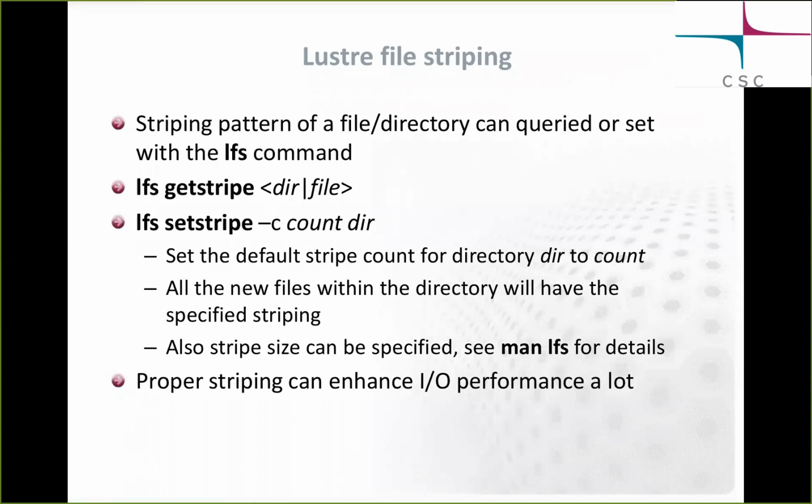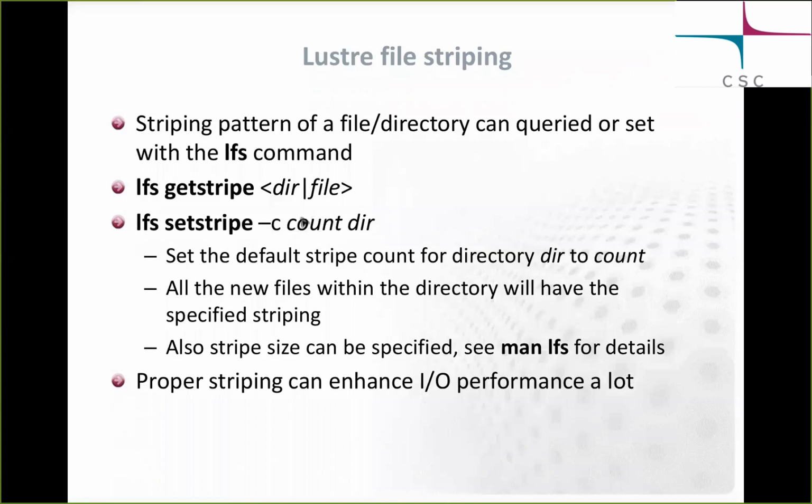There's a command called LFS that sets the Lustre settings, so over how many of these Lustre boxes a file is being spread. The default on SISU is just putting it into one of those object storage targets, but you can stripe them over several of those.